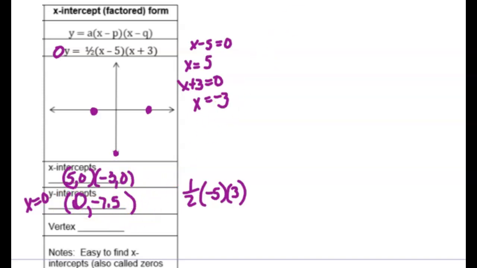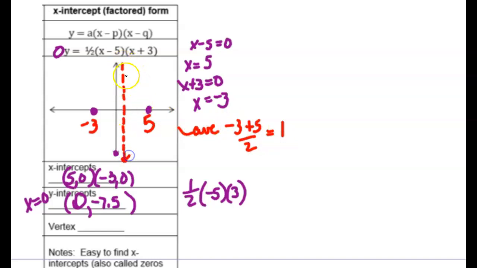Now, the vertex or axis of symmetry from this form is not so fun. You could find it on your calculator. It's actually halfway in between. It's always halfway in between the x-intercepts, okay? If I average those x-intercepts, I get 2 over 2 is 1. So x equals 1 is the axis of symmetry.